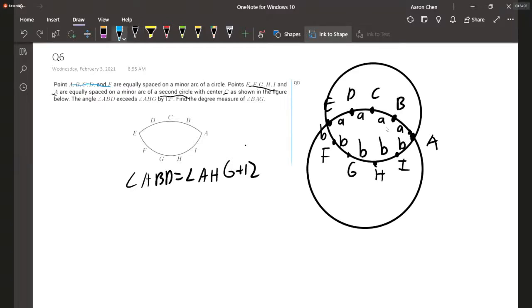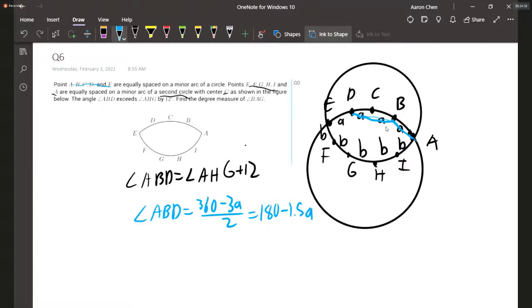So for angle ABD, it's an inscribed angle for the first circle, and it has measure (360 minus 3a) over 2, or 180 minus 1.5a.